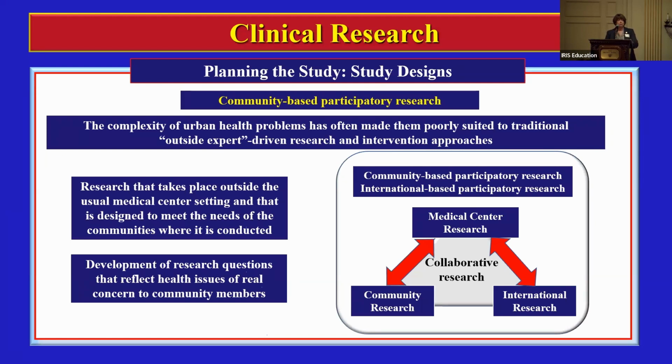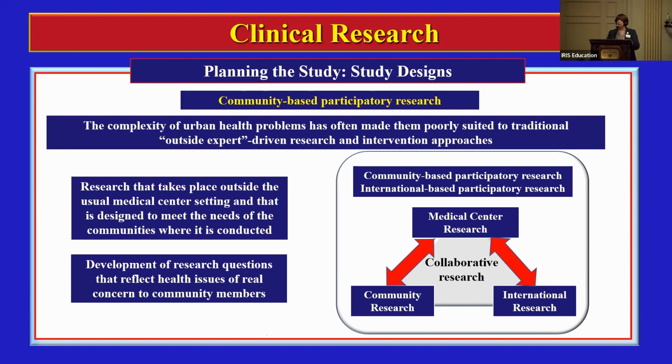Research that takes place outside the university setting or the health system setting is going to need that altered paradigm. This begins at the time you develop your research question, because you may have a great idea on something that needs to be evaluated at the community level.